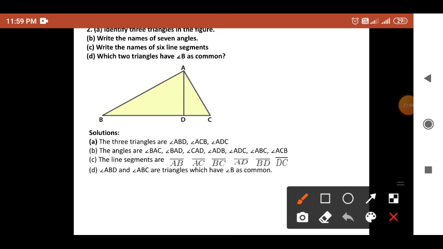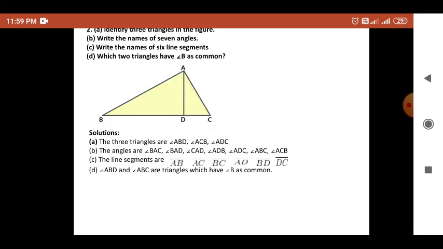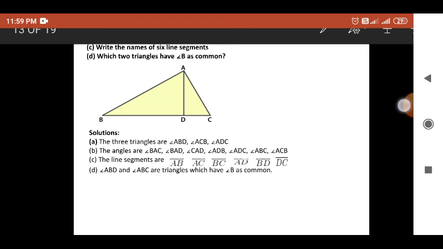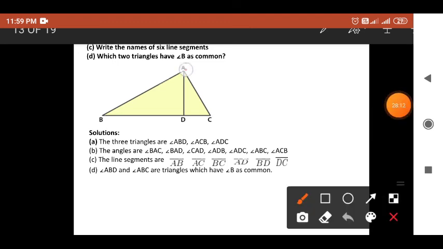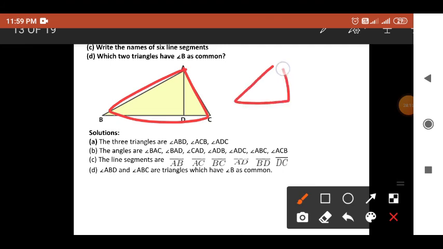In this figure, which are the three triangles? ADB is one triangle, ADC is one triangle, and ABC is the big triangle.